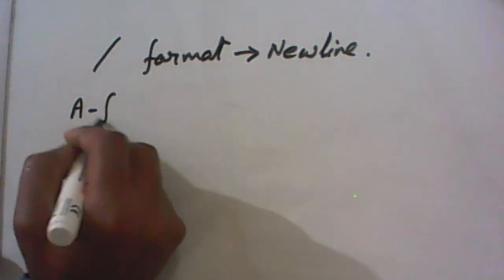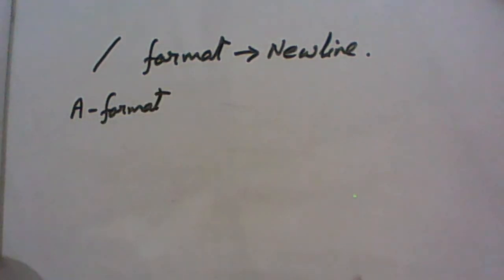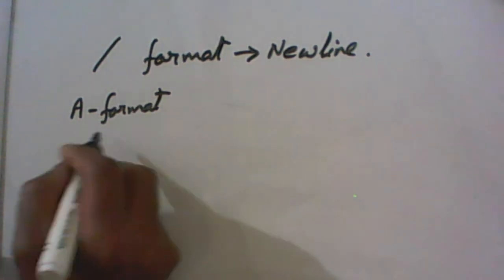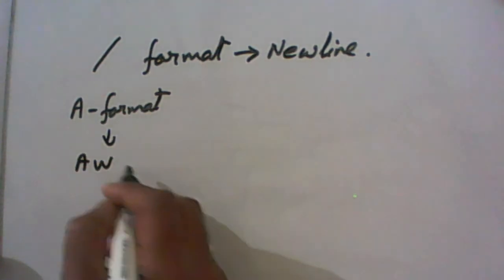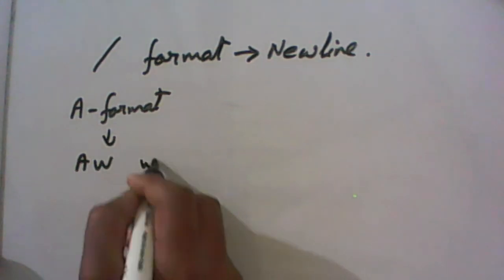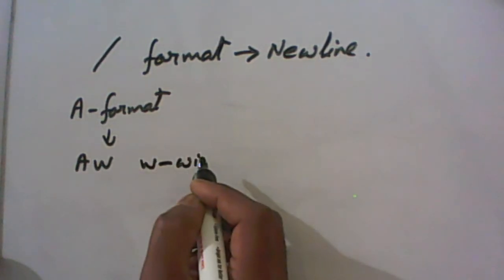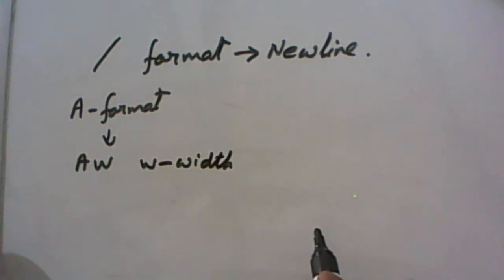Then we have something called the A format. It is important. It's used to input and output character type of data. The general form of the A format is Aw, where A stands for the character type of data and w is, as in the case of the I format and the F format, the width of the data that is being input or output.